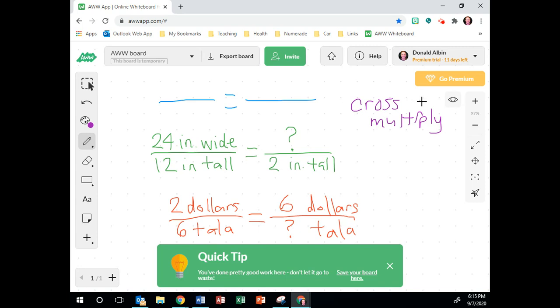Now, cross multiply means that you're multiplying across an equal sign, and you multiply diagonal across the equal sign. So what we see here is 24 times 2, that's a cross. Equals 12 times the quantity we don't know.